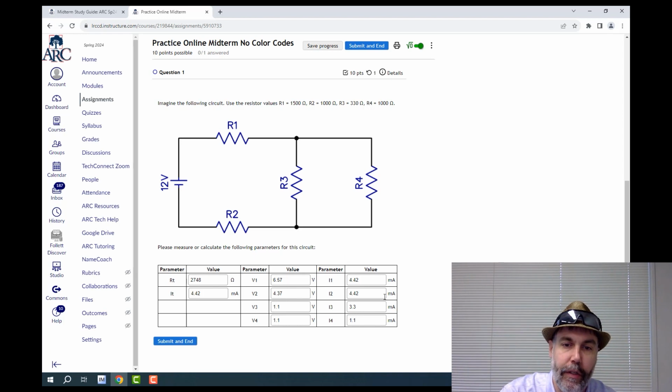So that looks about right. And then the current through R1 should be the same as the current through R2, which should be the same as the total current, because they're all connected to this power supply. And yeah, we have 4.42 from the power supply and 4.42 for I1 and I2.